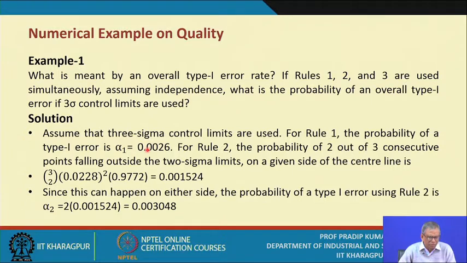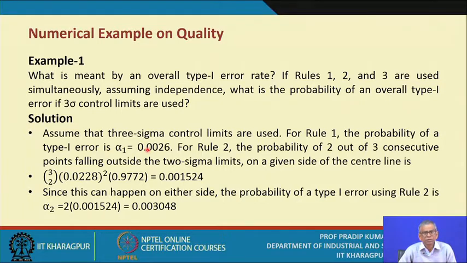Now let us concentrate on a few typical numerical examples on quality. In subsequent lecture sessions, I will also be referring to numerical problems on reliability. So the first example: what is meant by an overall type 1 error rate?